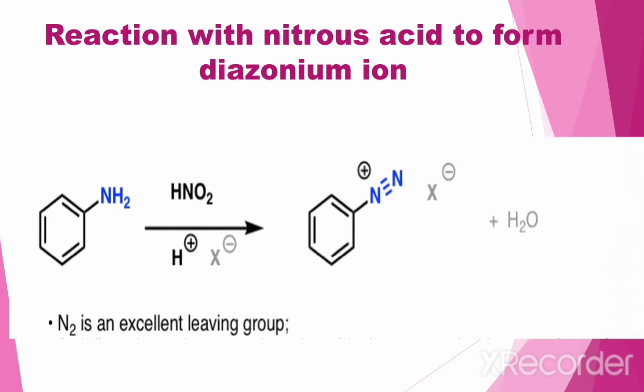So the next is the reaction with nitrous acid to form diazonium ion. Firstly, we will take amine, and it will react with HNO3, that is nitrous acid, and with alkyl halide, that is negatively charged, and proton that is positively charged, and the final product is a diazonium ion.